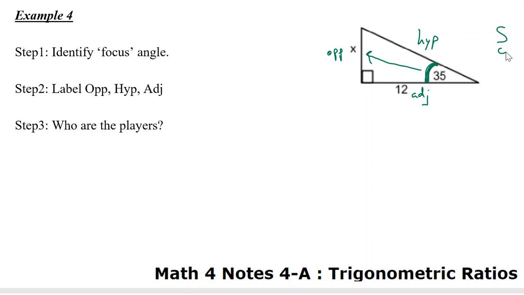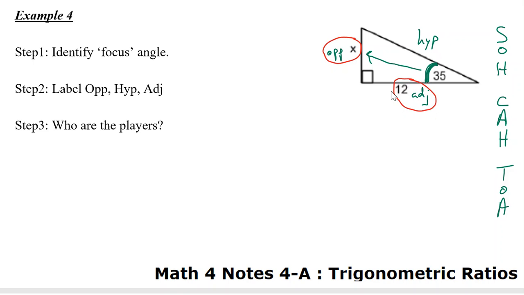So then I ask myself, SOH CAH TOA. And so, who are the players in this problem? Well, I've got an x that's a part of the problem. I've got a 12 that's a part of the problem. Hypotenuse has nothing, so I'm going to ignore him.